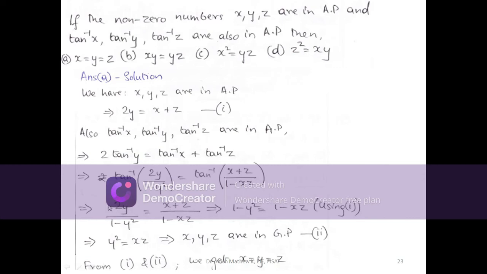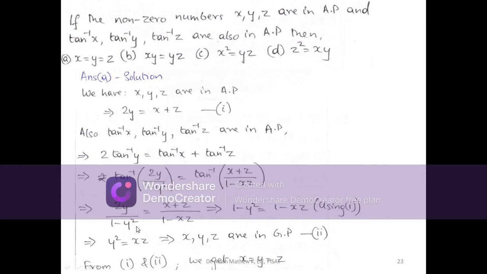These two terms will get cancelled, so it will be 1 by 1 minus y square equal to 1 by 1 minus xz. That would be 1 minus y square equal to 1 minus xz. When you equate this, you have y square equal to xz.